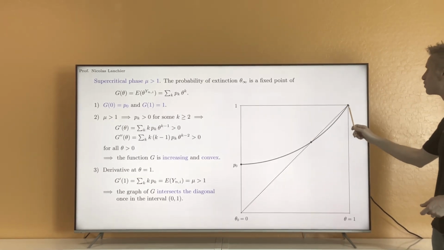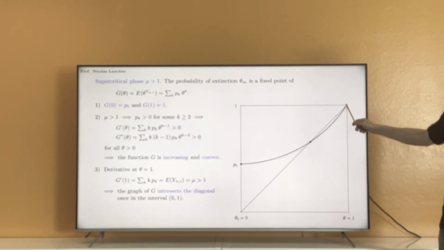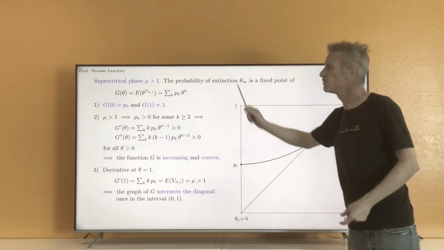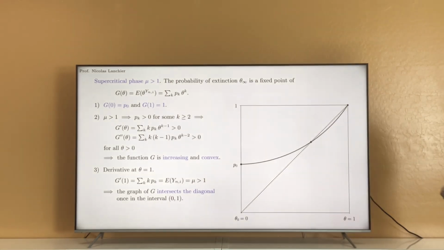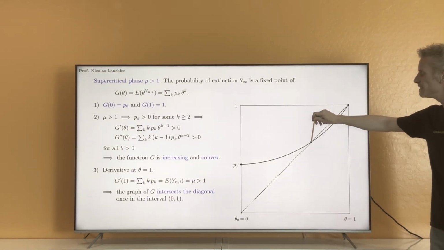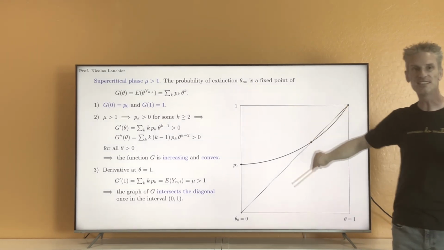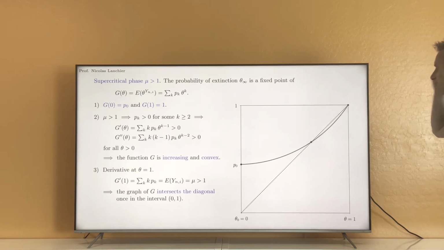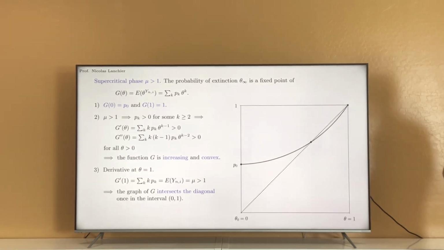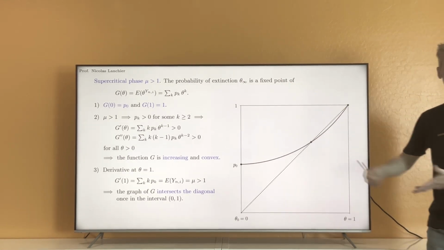If theta is equal to this fixed point, 1, that's not good because the probability of extinction is 1 and so the probability of survival is 0. That's not what we want to prove. But if we can prove that this is indeed the limit theta infinity, then we are done. And it's indeed the limit of the sequence theta n, so that's indeed theta infinity.